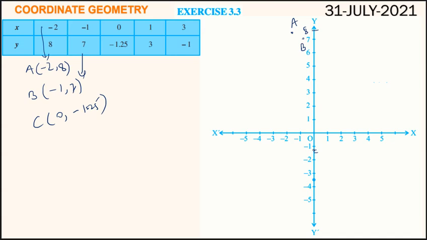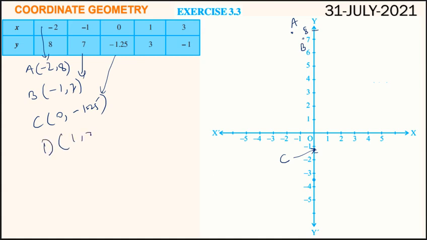So this is the point where C will lie, 0 comma minus 1.25. From this third ordered pair we got the point C.